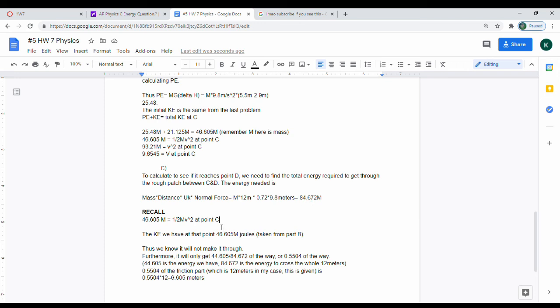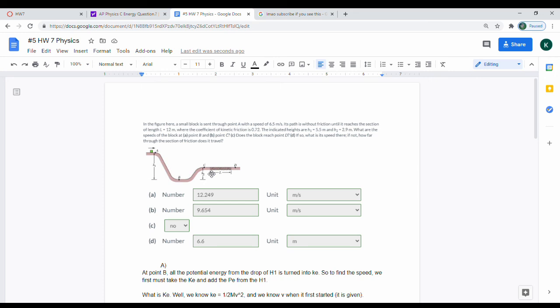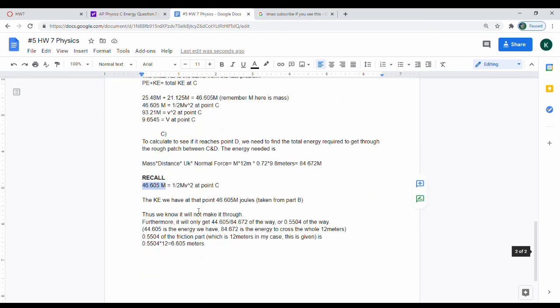But recall from part B, we got the energy we already have before this point. It was a smaller number. Here it's 46, while we need 84 to get through. So we know we're not going to get through.